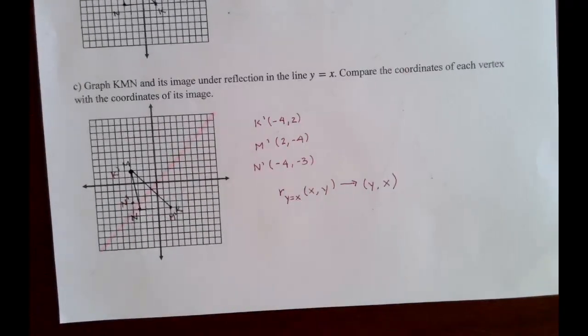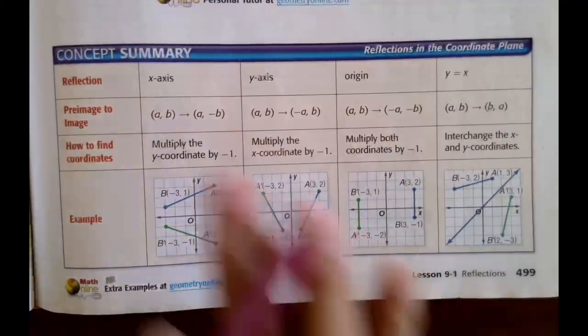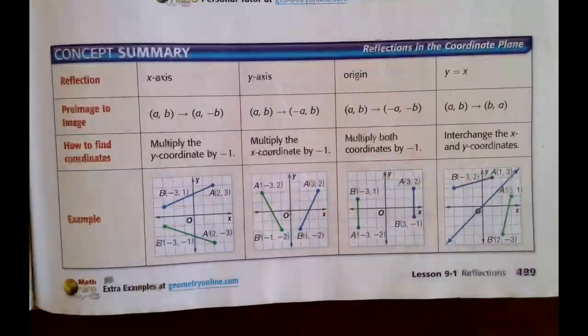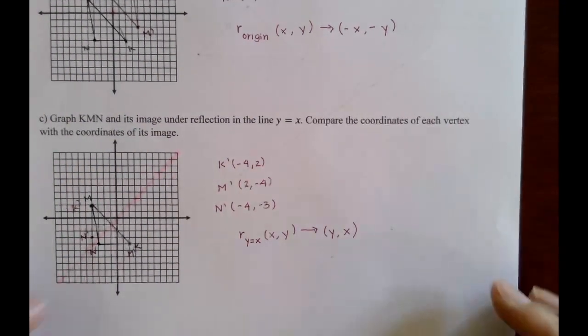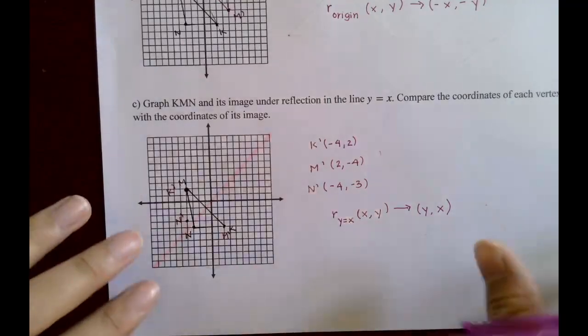There we go. Okay. You can see the rules for each of these here on page 499, and how we can find those coordinates. And then one way you can always check is if you fold across that line of reflection, they should be on top of each other.